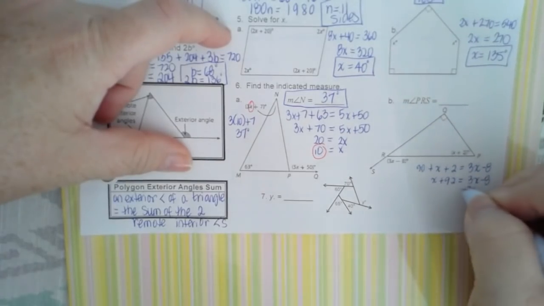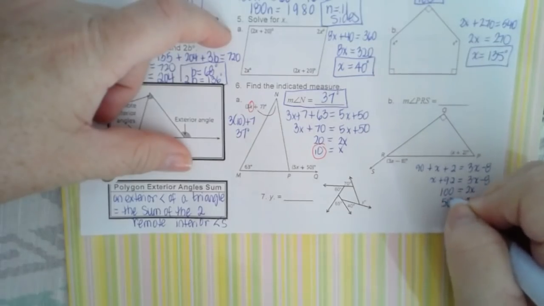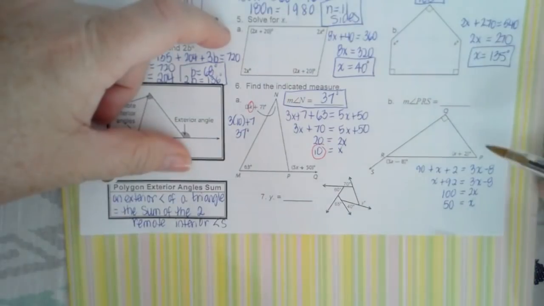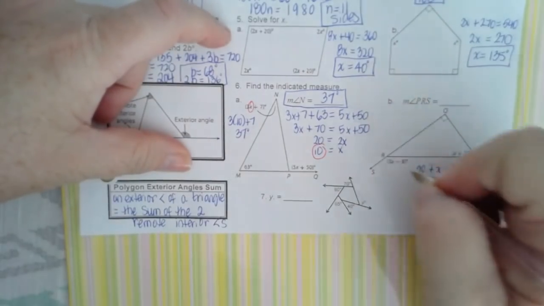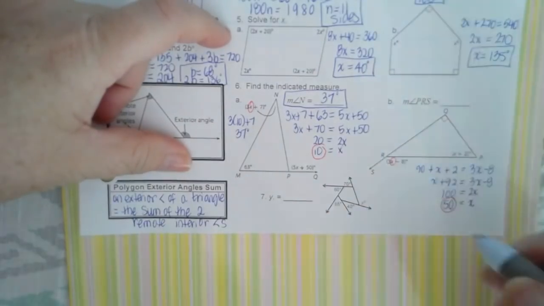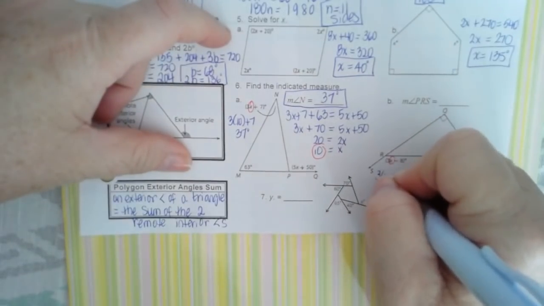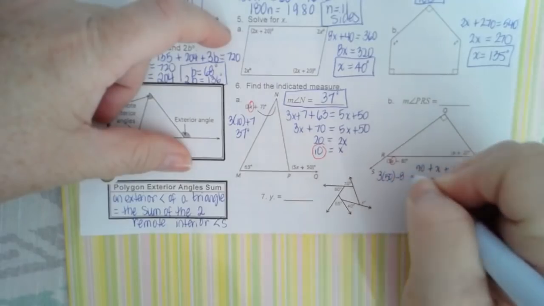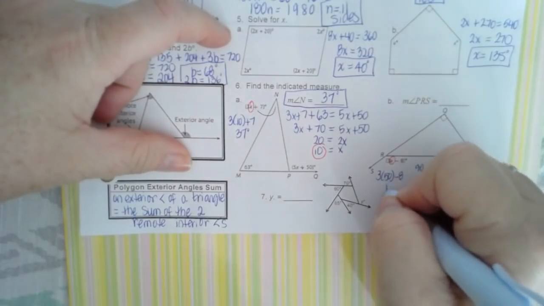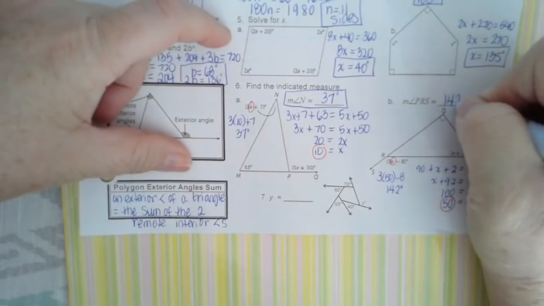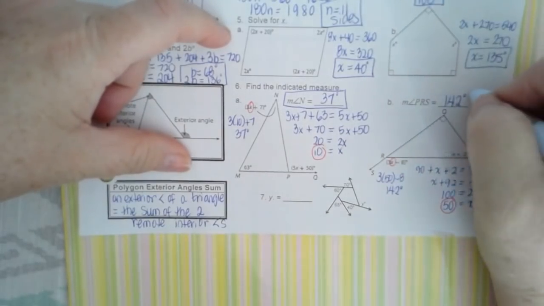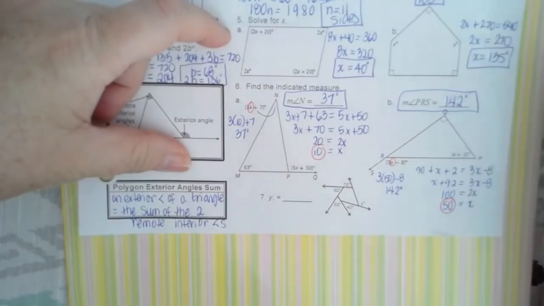So 2x equals 100. So x equals 50. Now the question's asking us to find PRS. So I'm going to take that, plug it in right there. And so I get 3 times 50 minus 8. 150 minus 8 is 142 degrees. So PRS is 142 degrees.